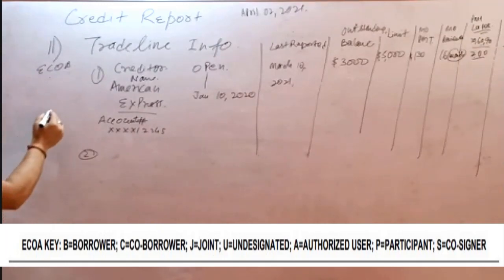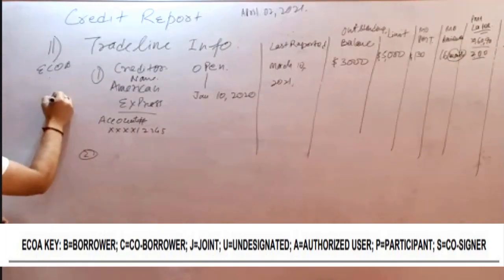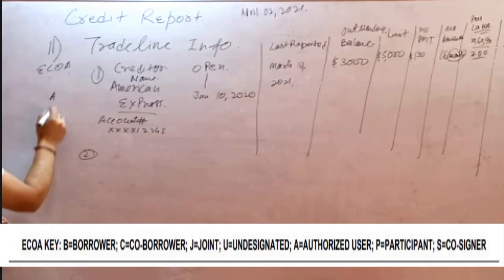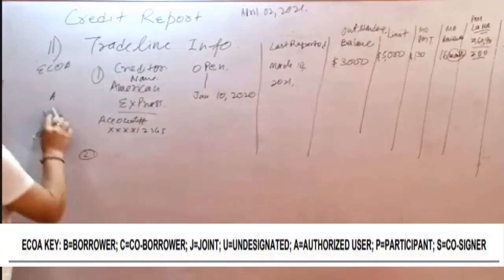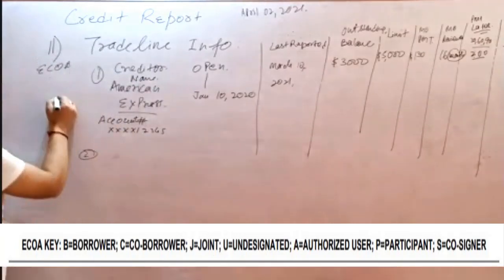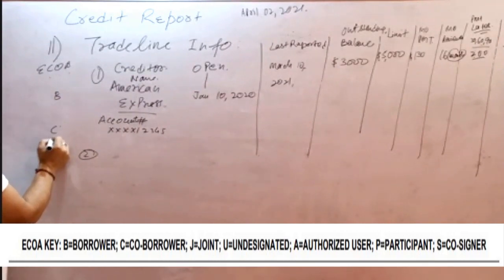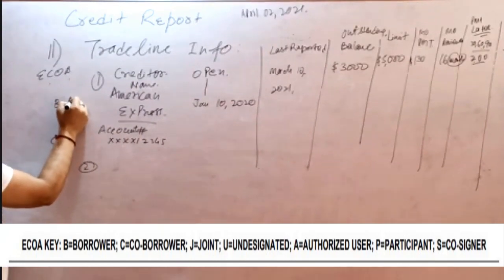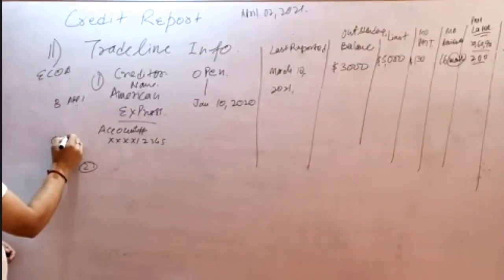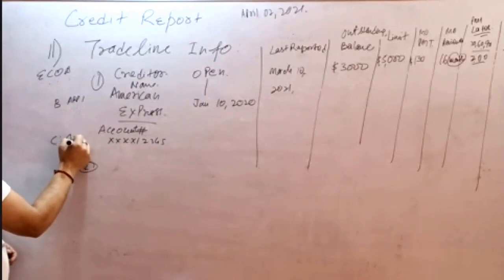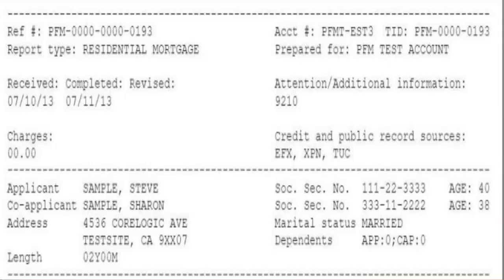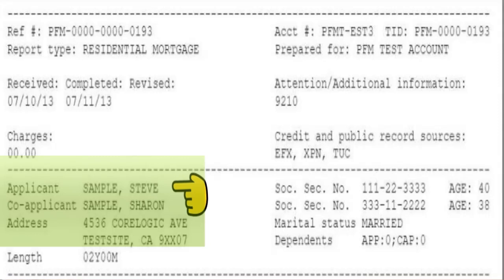So here it could be written B for borrower, C for co-borrower, or it could be applicant 1, or co-applicant. This is how they designate different accounts. This is how we will get to know who it belongs to.